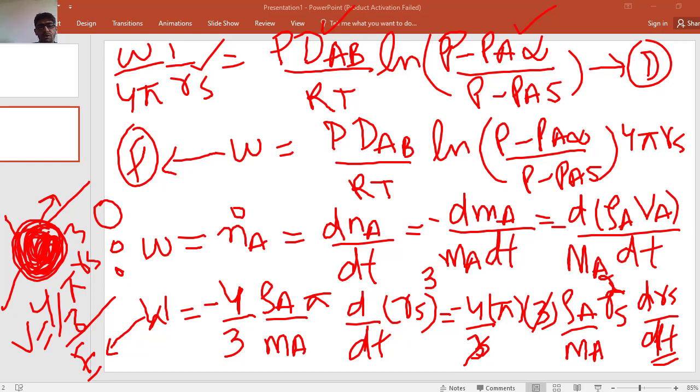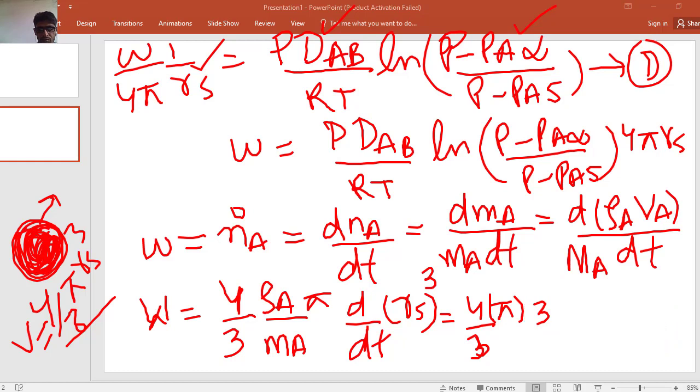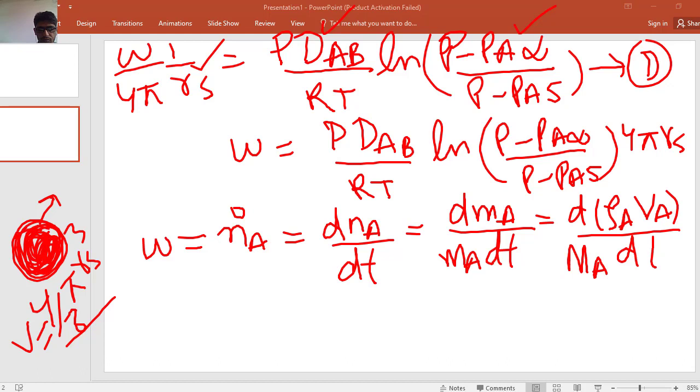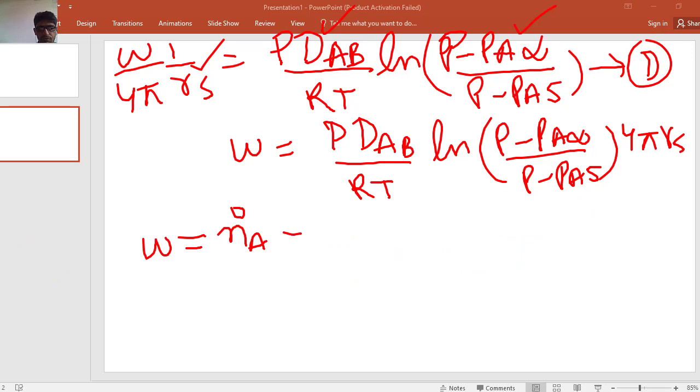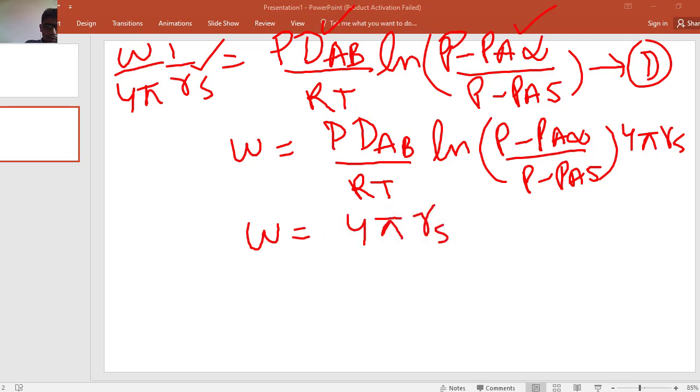So there are two equations, equation E and equation F. So 4 pi r square, so equation W is equal to 4 pi r square density of A, molecular mass of A, into drs dt.